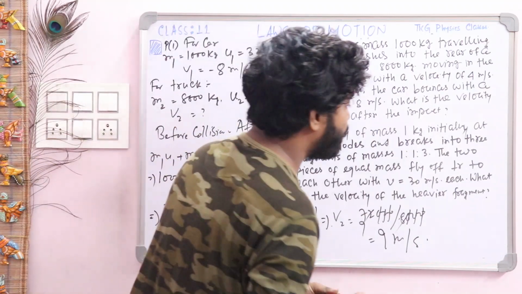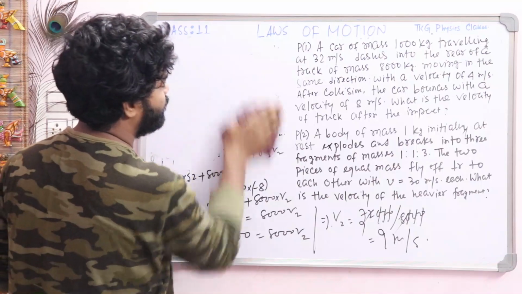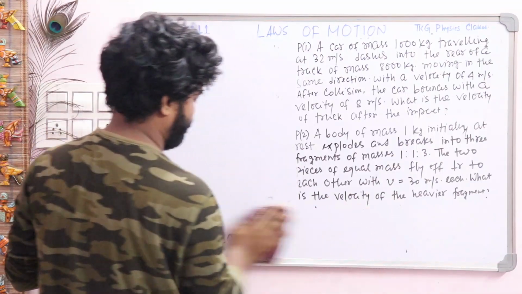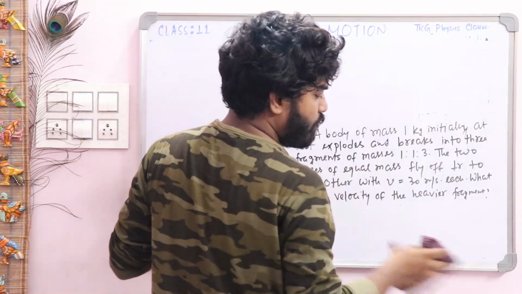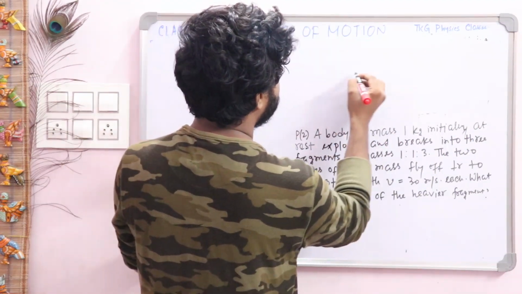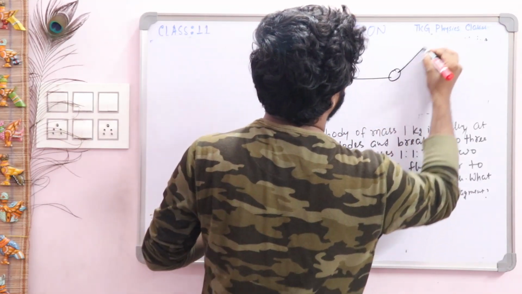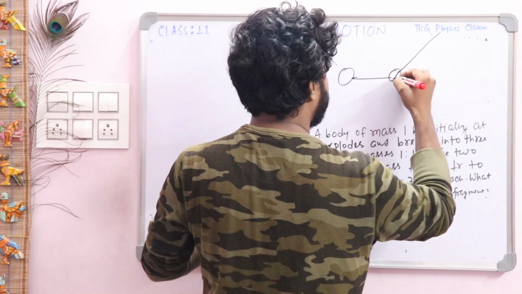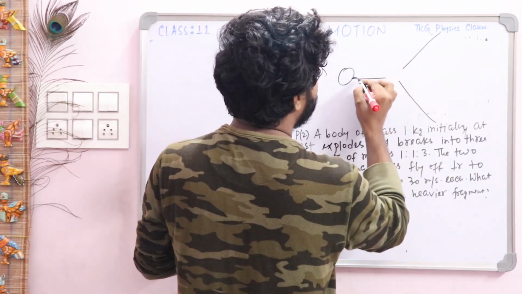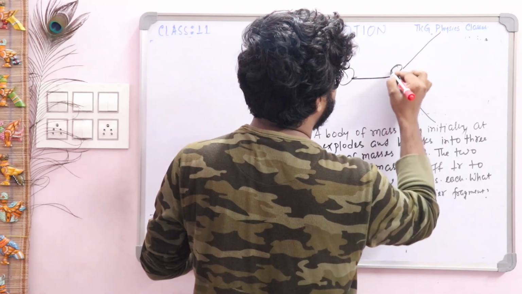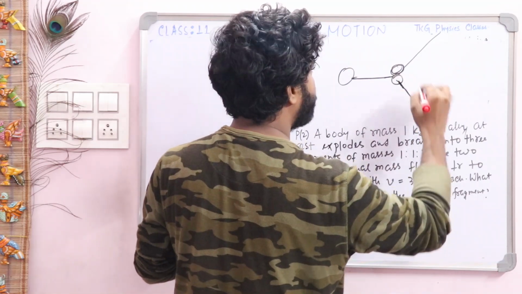Okay, make a diagram for it. So now for problem 2. Problem 2 looks like this one. Suppose equal masses, this body and there is another body, this one is moving perpendicular.